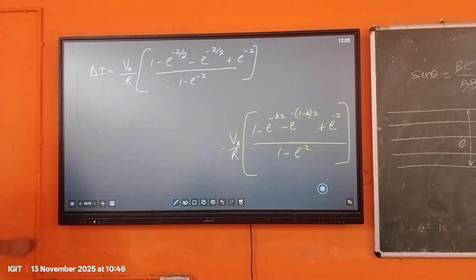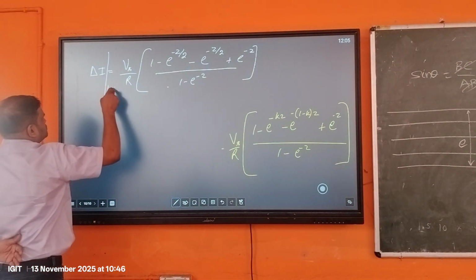At what condition? When k is equal to 0.5.